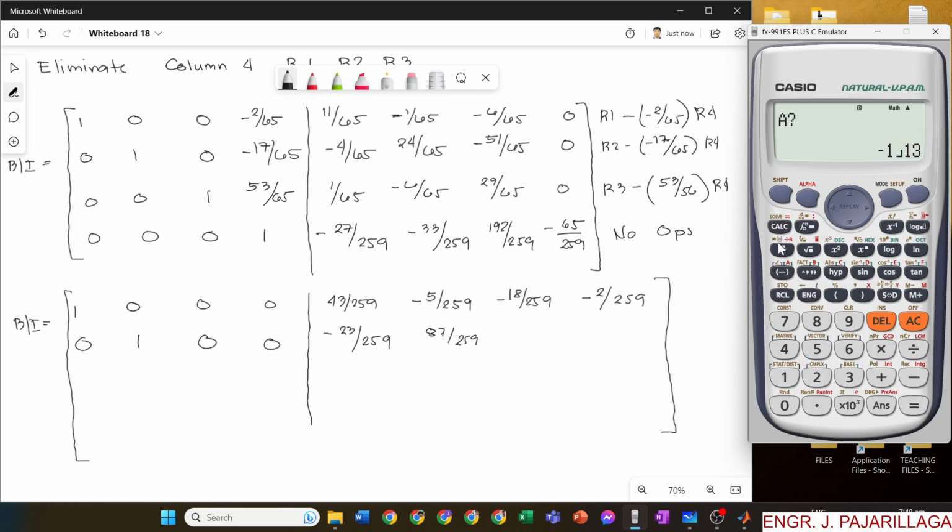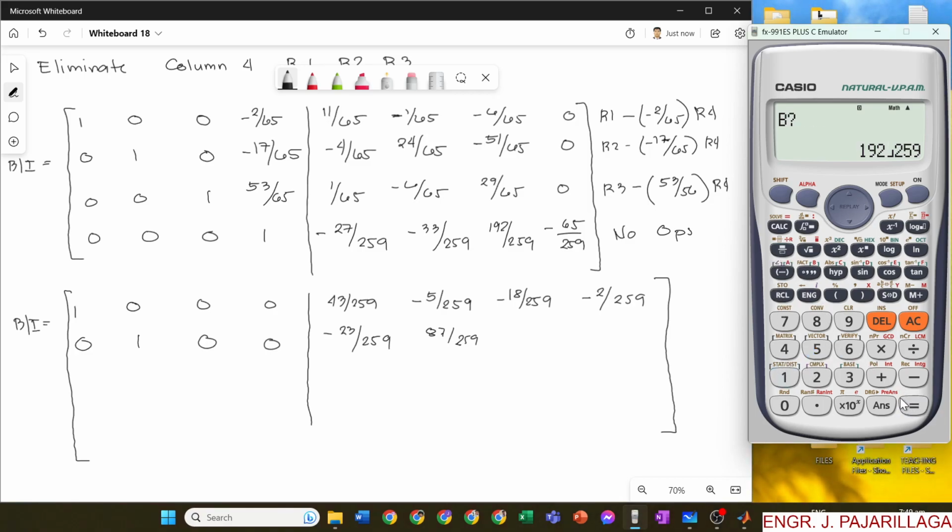Calculate natin. Ayun. So, 51 over 65 tayo. Negative 51 over 65. And then this one is positive 192 over 259. And then we have negative 153 over 259.